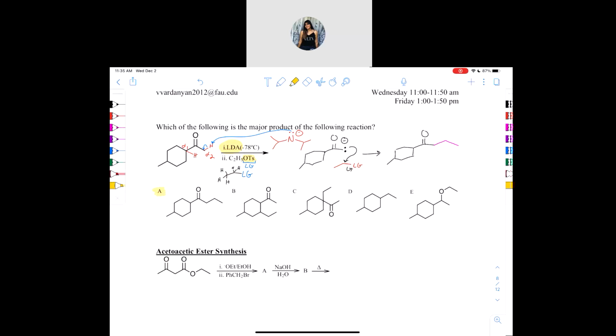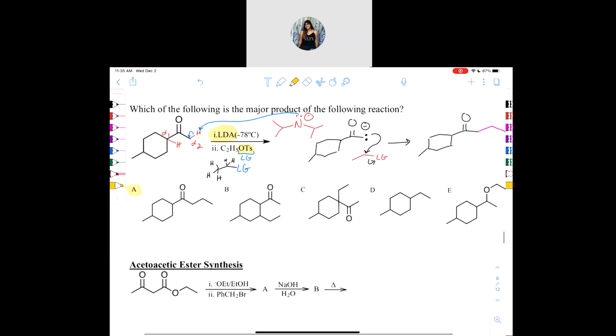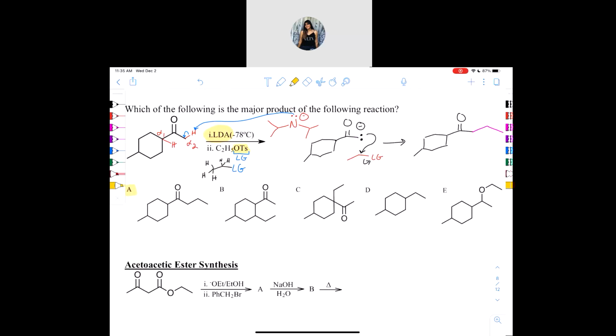So if we didn't really know how to exactly do this reaction, how could we work through the answer choices? Well, first things first, we never learned a reaction like this where we're adding to the beta carbon, right? So that's a terrible answer.